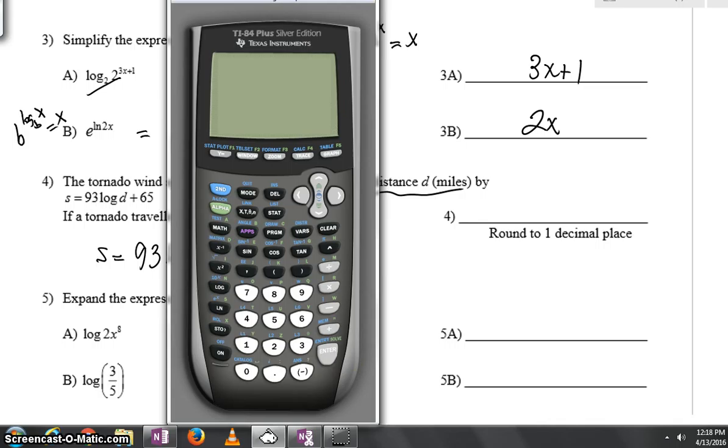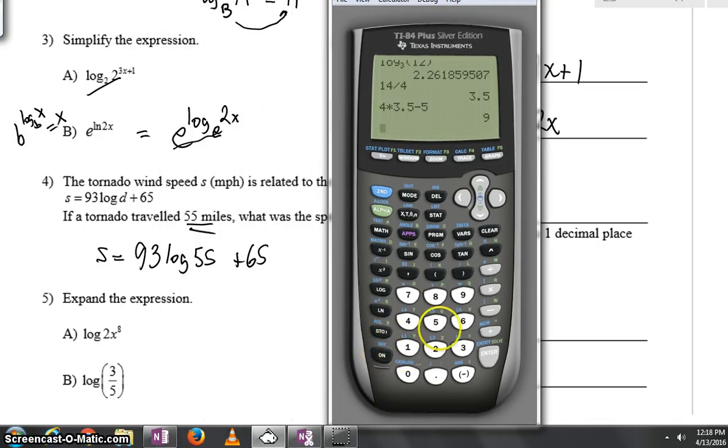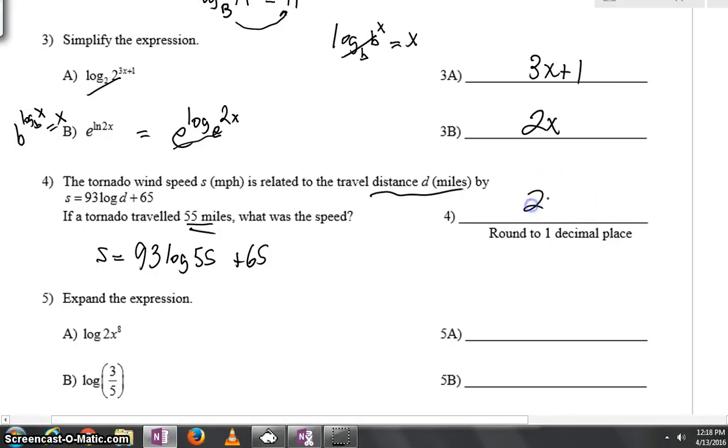All we really need to do right now is just type this right into the calculator, and we'll type it in as 93 log of 55, close the parentheses, and then we'll add 65 after that. Rounding to 1 decimal place, we should get 226.9 miles per hour.